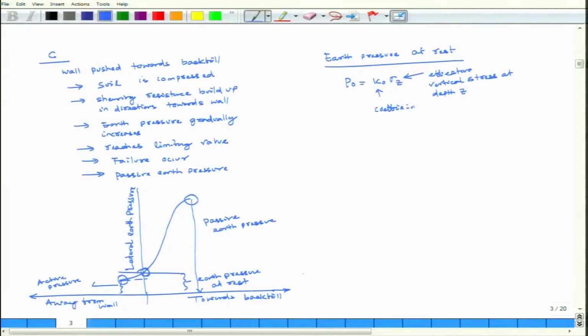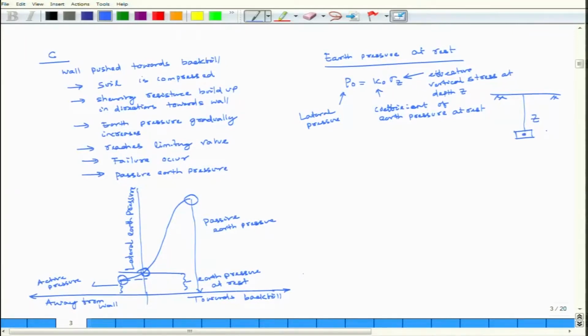P0 is called the lateral pressure. If I take this as my ground surface, at depth z there is a soil element here.